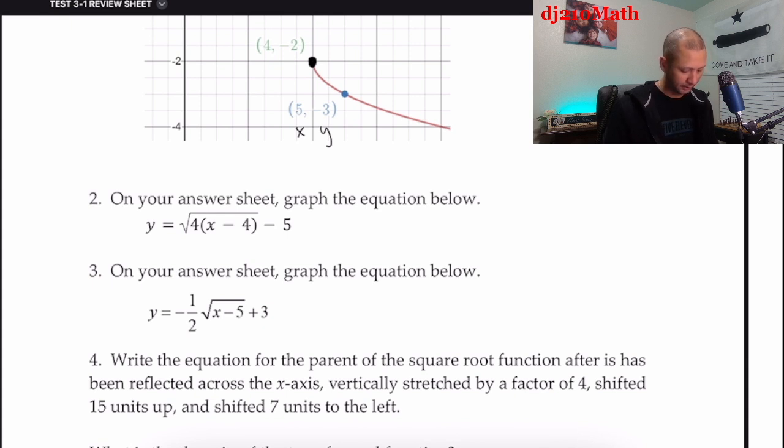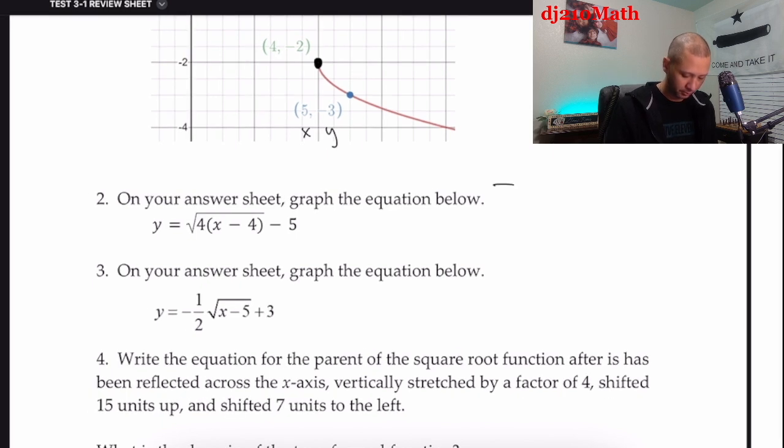Okay, graphing. Number 2, graphing. So y equals the square root of 4 times x minus 4, all minus 5. So 3 things are happening. This is going to shift to the right 4. It's going to shift down 5.